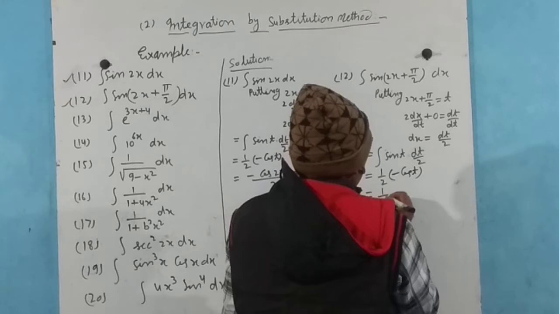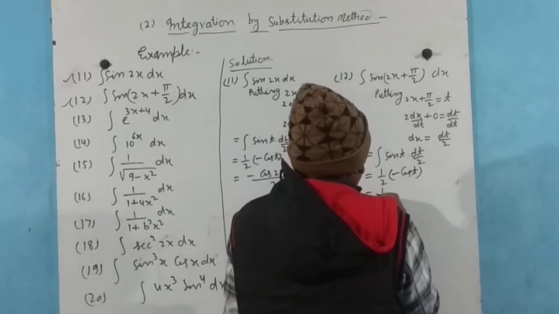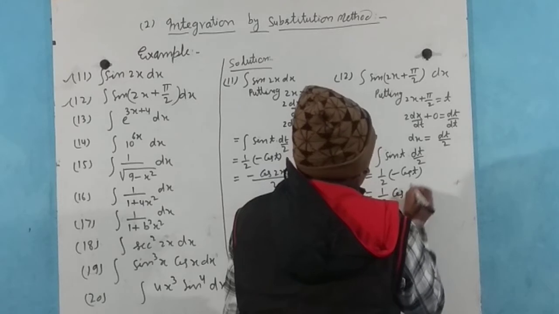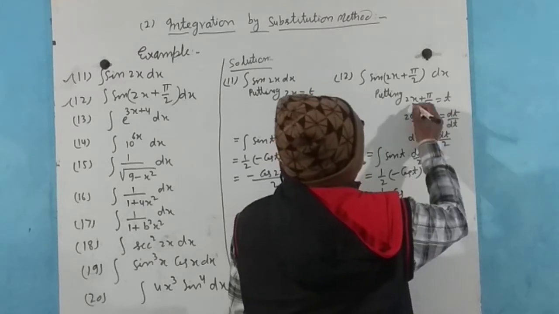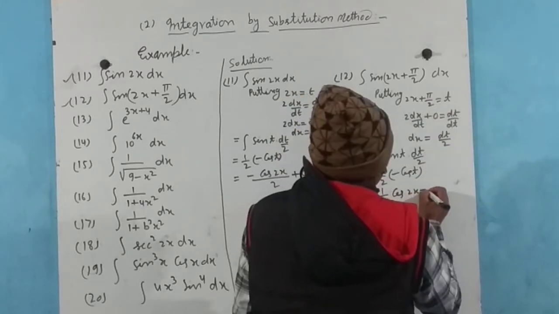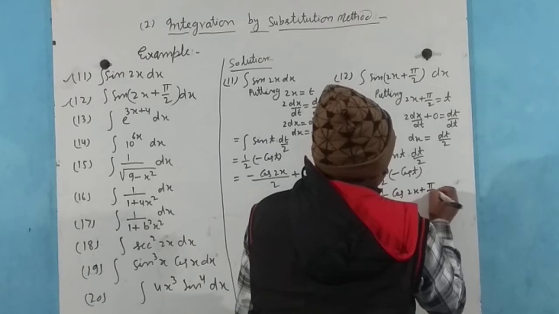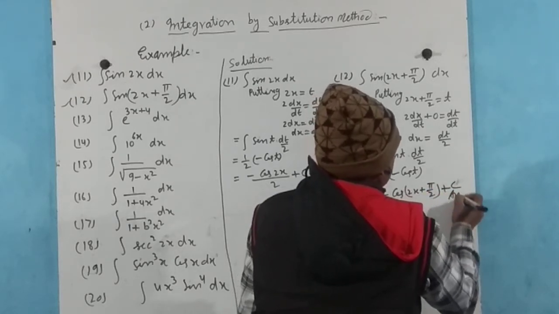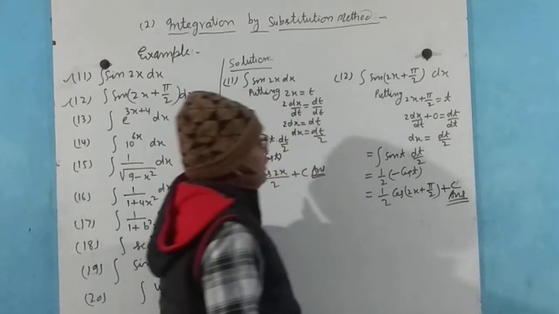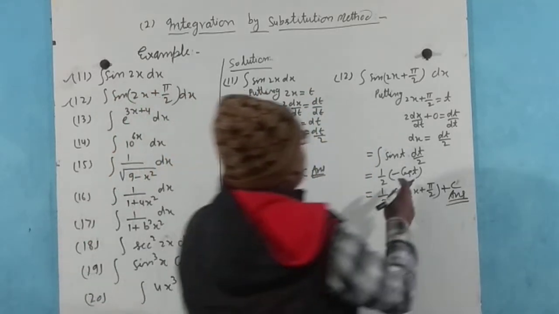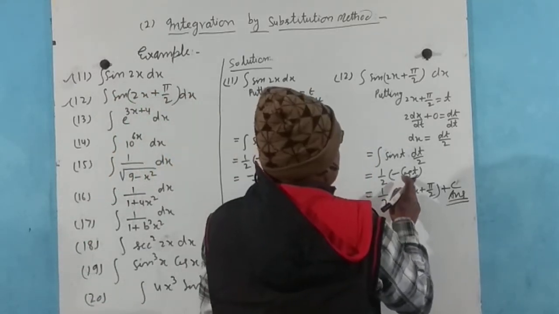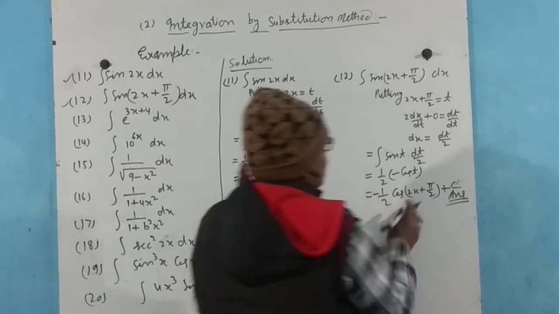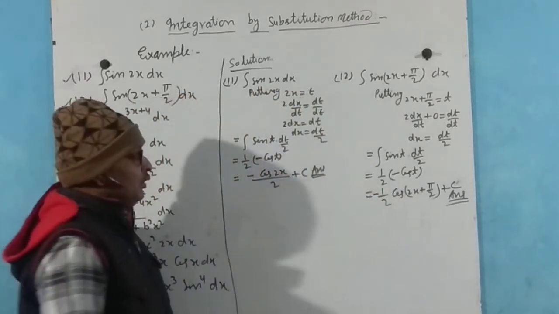It means that 1 by 2 cos of t, where t is 2x plus pi by 2, plus integrating constant c. This is our answer. And the sign comes here, so that minus 1 by 2 cos(2x plus pi by 2).